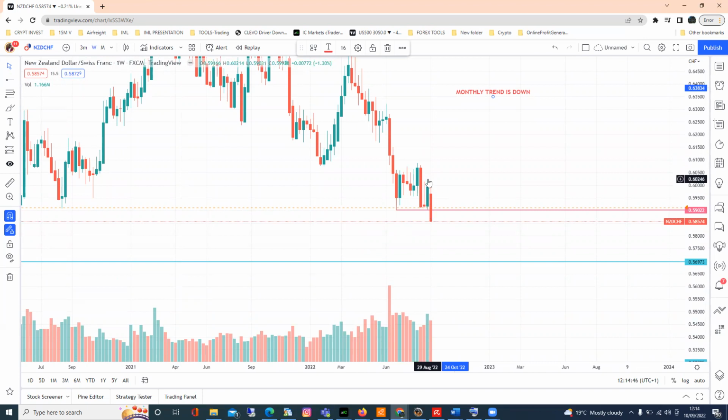The psychology of buyers is that when they buy over here, their stops will be below over here. Price comes back to this area, buyers come in again, which means if you are anticipating that price will continue to go up, your stop is over here.